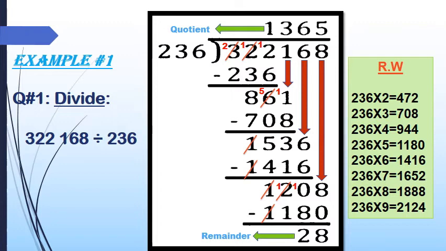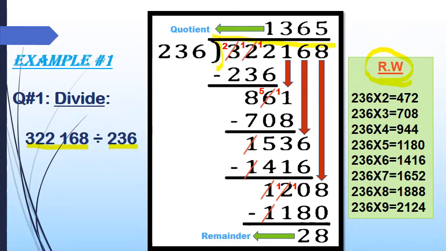Here is example number 1, where a 6-digit number is divided by a 3-digit number. The number 322,168 is divided by 236. First, write the rough column which helps to divide the given number. Now first write the sign of division.